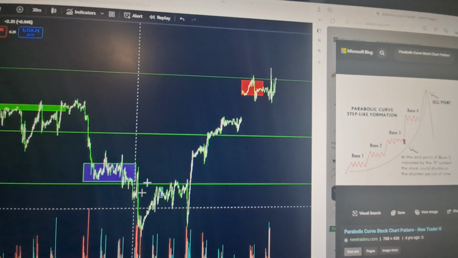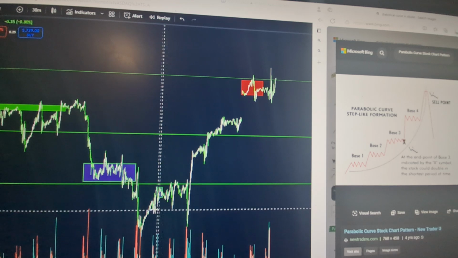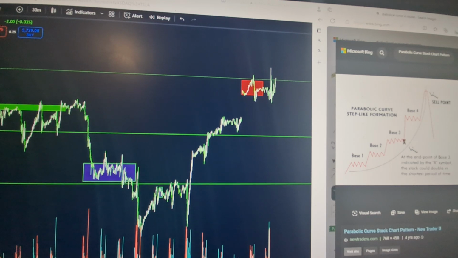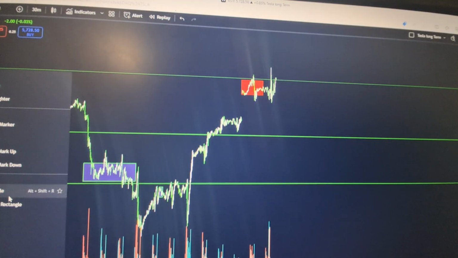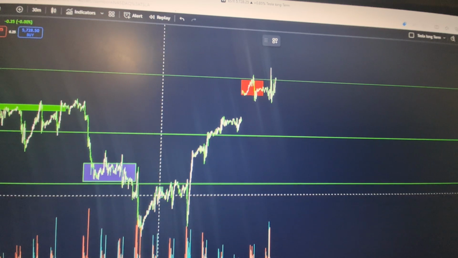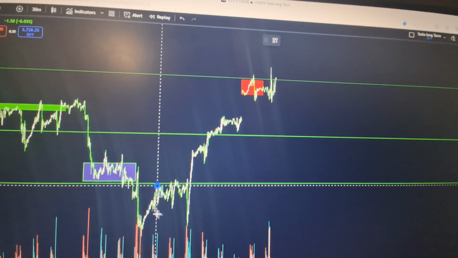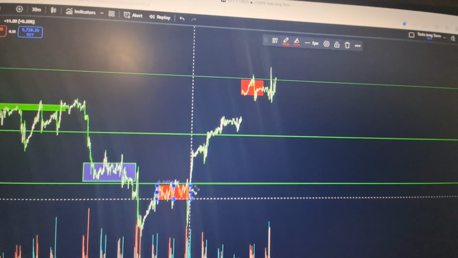We're going to go back here. Let me show you something. If you notice here, you have your first spike up, you have your one base, right?